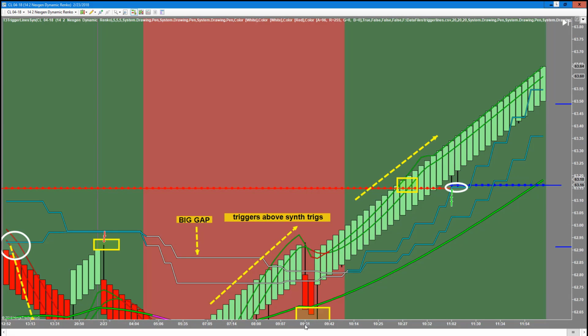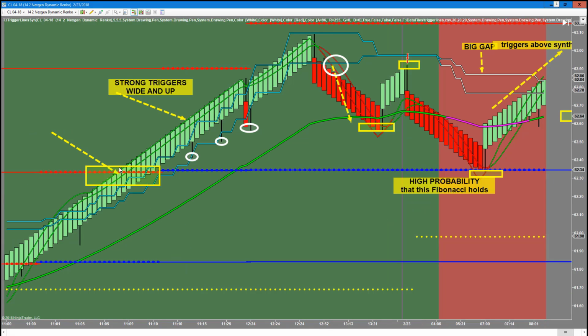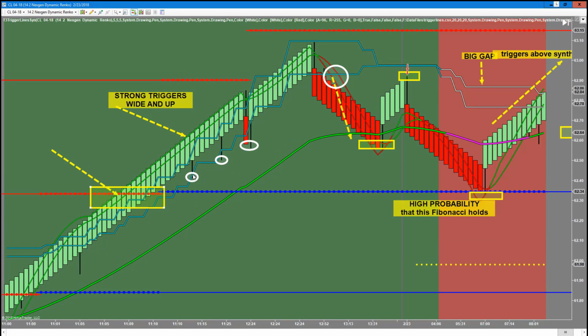So again, just a short recap. If the triggers are super strong heading into a resistance, don't try to go the other way. Wait for it to break or roll. If they remain strong, just keep remembering: trend trade long or short, depending on direction. Once the small triggers make a sharp move below these synthetic triggers, you're going to bounce.